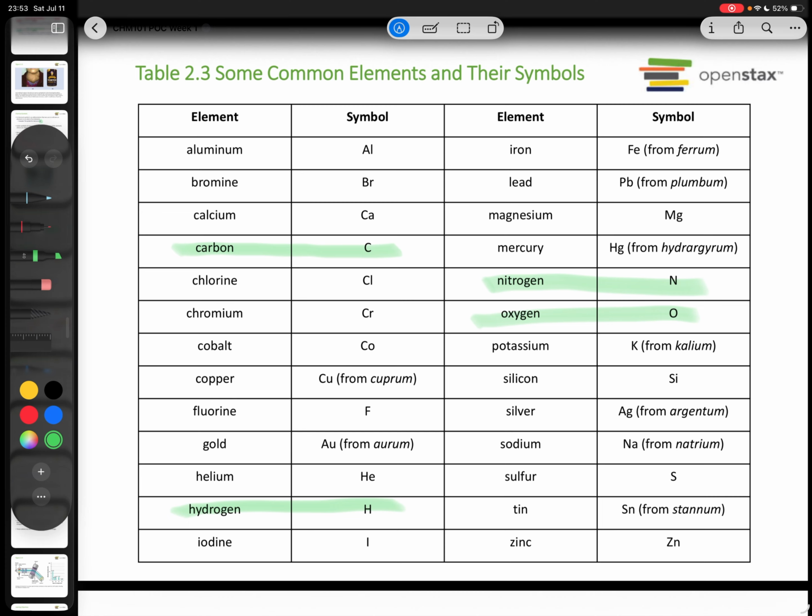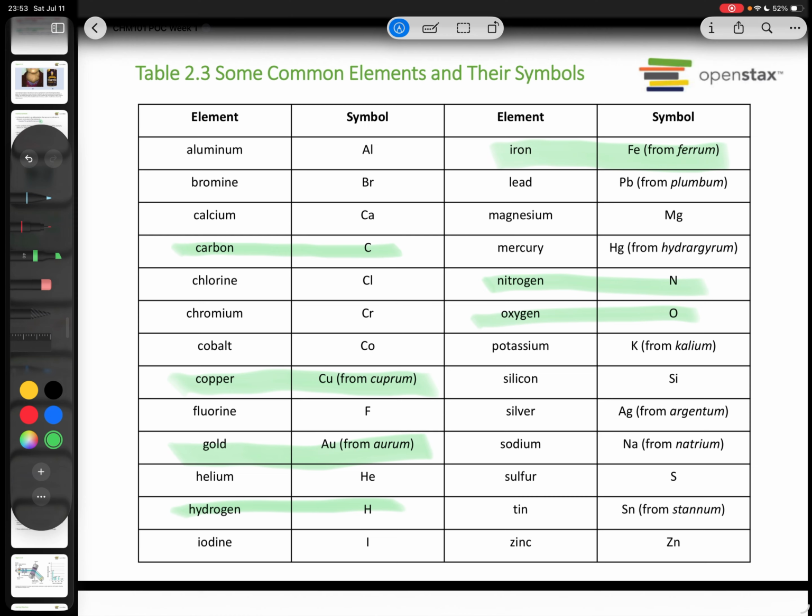So, some symbols naman are historical. For example, iron is Fe. Bakit kaya siya Fe? So, it's from the word ferrum, no? So, copper din, usually ito yung mga nasa metal part. From cuprum, gold from aurum, so historical yan.